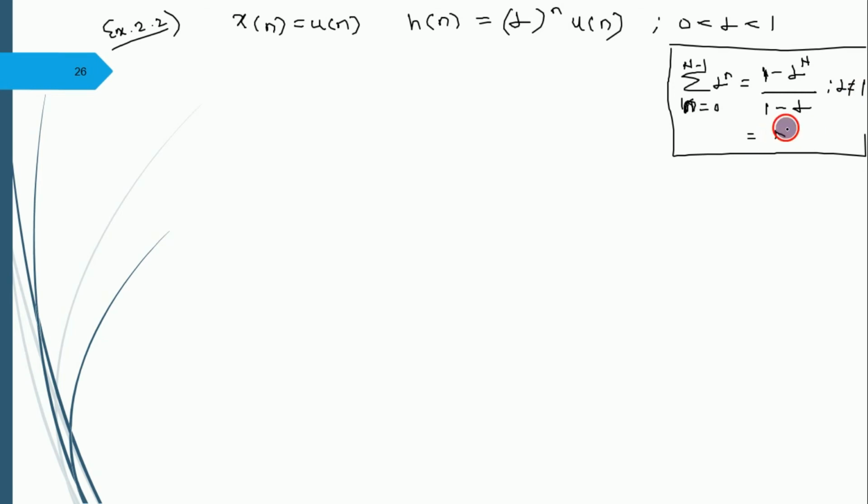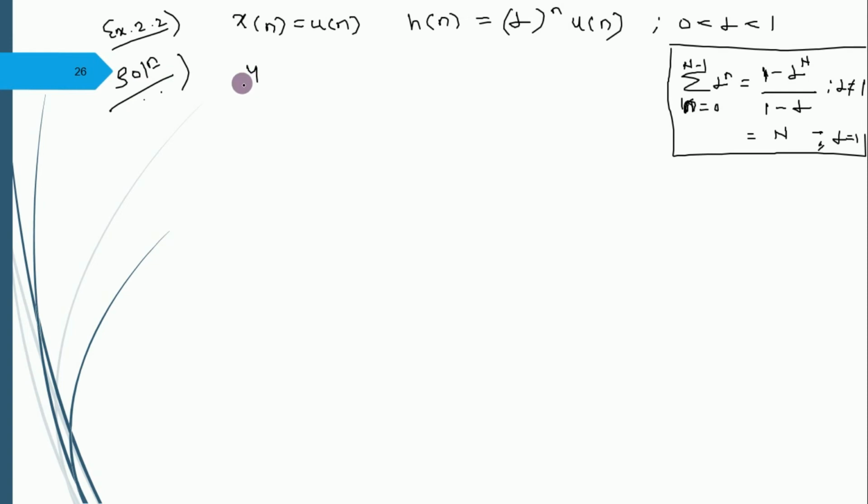If alpha is equal to 1, then the answer is N, because alpha equal to 1 means 1 itself. Summation of 1 is, as you already know, upper limit plus 1. Okay, this is a standard form. Now we'll go for the solution. The solution goes like this.